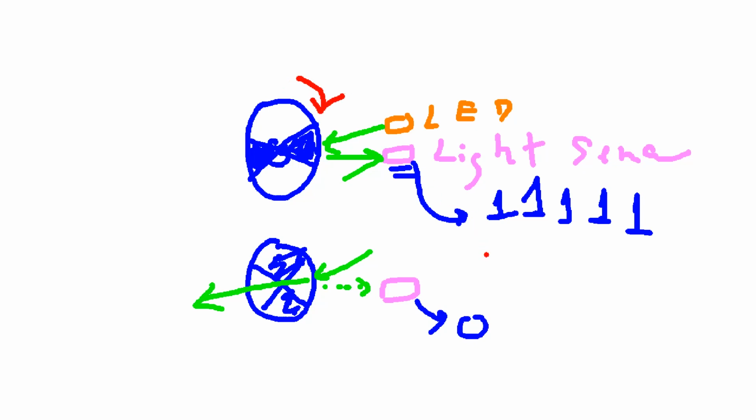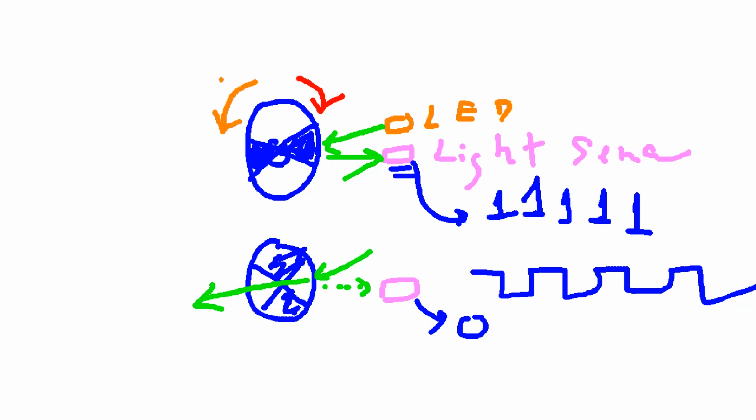The output should change to 1 0 1 0, right? What happens if this plate turns in the counterclockwise direction? How about the output? The output also changes between 0 and 1, right?